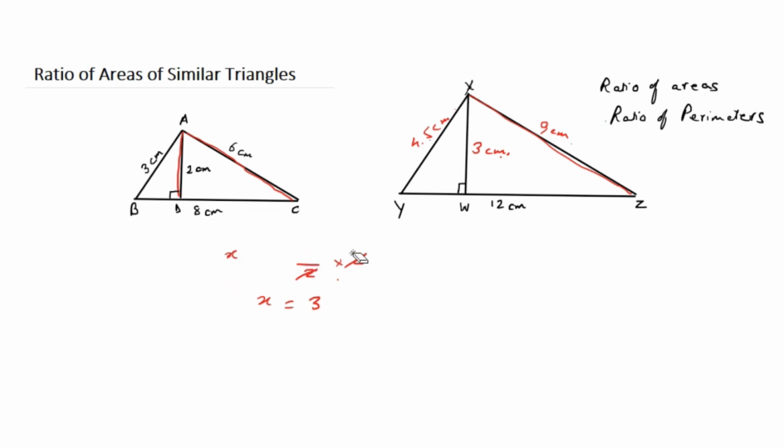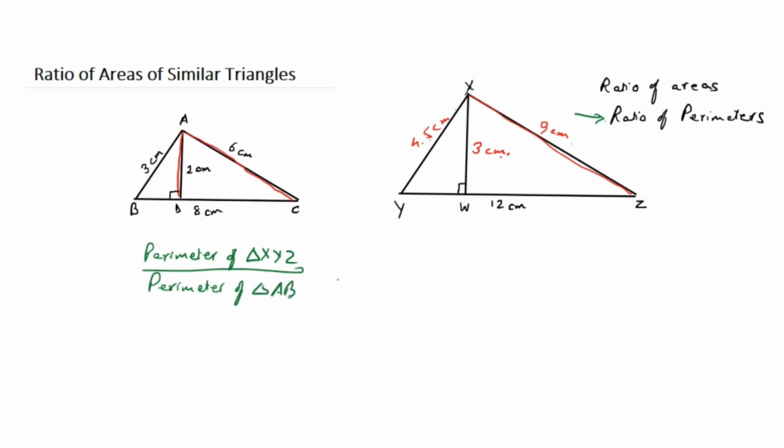Now let us try and work out the ratio of the perimeters. So we need the ratio of the perimeters. Let us say the perimeter of triangle XYZ over the perimeter of triangle ABC should be equal to the sum of all the sides.